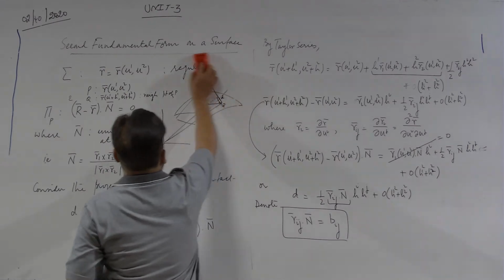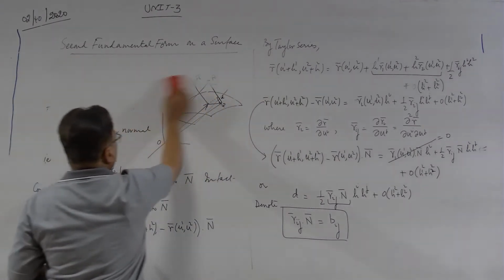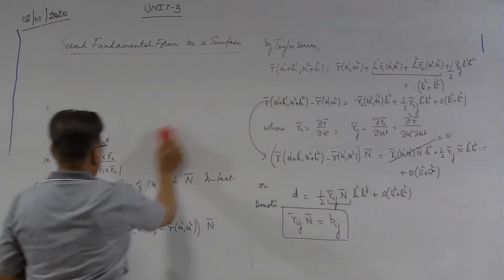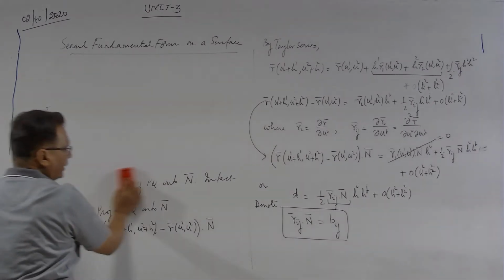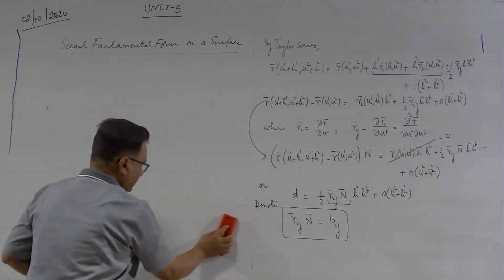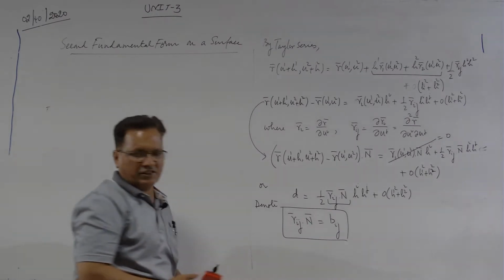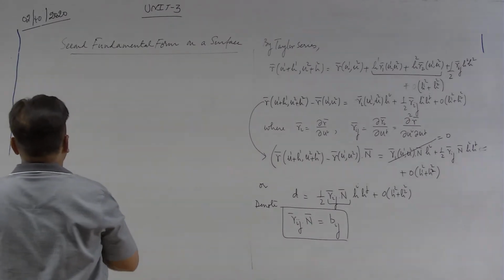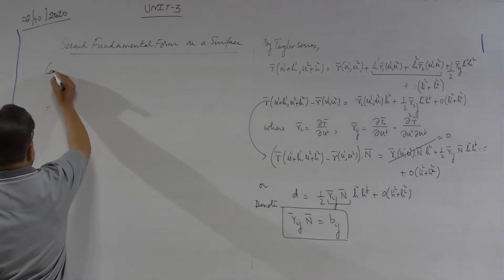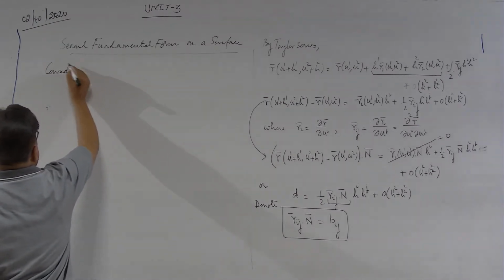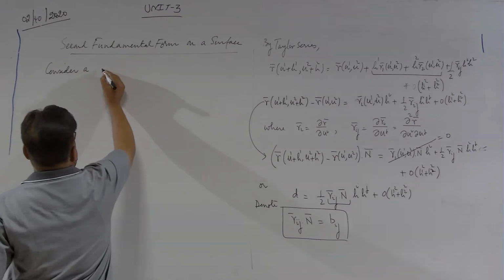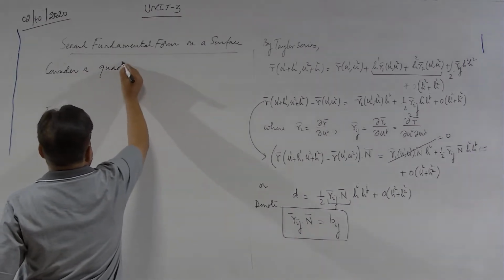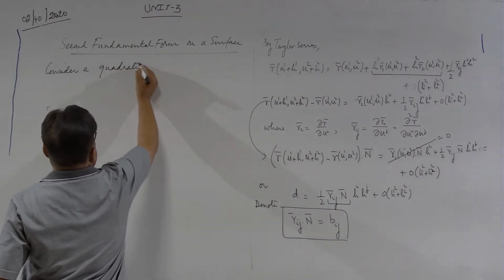Okay. So, what are we going to do next? We are going to construct a differential form, a quadratic form, taking b_ij's as the coefficients. So, consider a quadratic differential form.